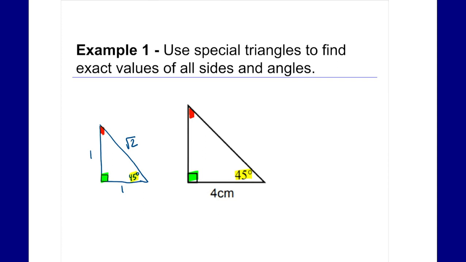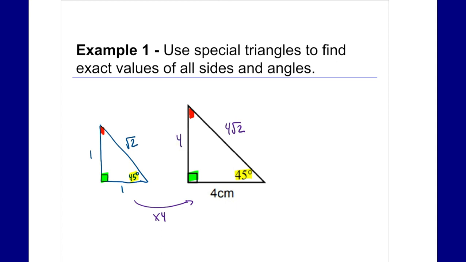So if I can find that factor, and if I look, going from 1 to 4 centimeters, that's by a factor of 4, then I have to multiply each other side of my special triangle by 4 to get the new dimensions for this specific example. So 4 times root 2 is 4 root 2. 4 times 1 is 4.